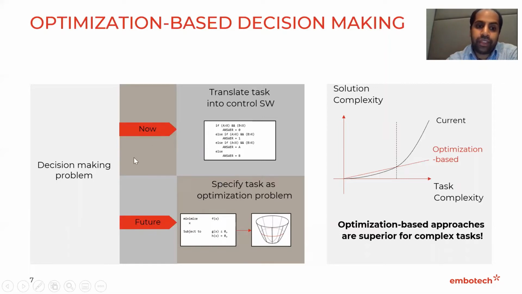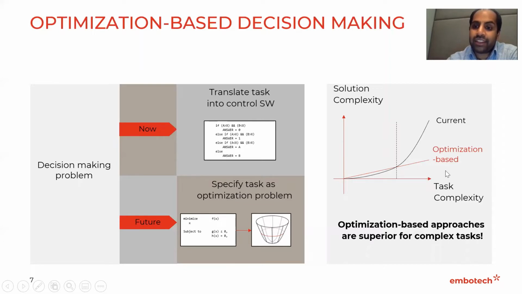And then your software needs to take into account this state-dependent behavior. But what we think is going to be the future is to specify your engineering tasks, where you want to solve your decision-making problem, as an optimization problem and then solve it. What is the big benefit? Looking at a very high level, if you have a task that is quite easy, then you are better off translating the task into control software.